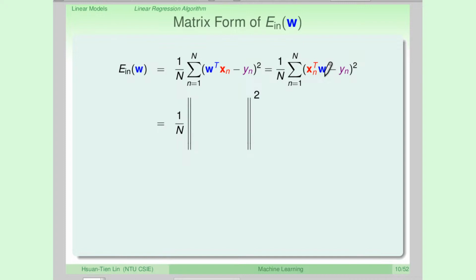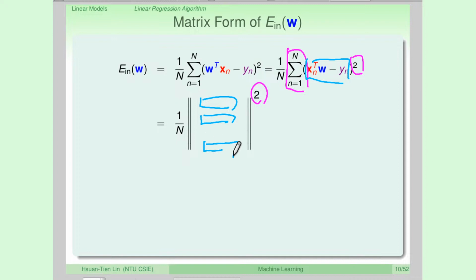So after switching, we can write down the values that we're interested in and replace the summation of something squared with a vector square, the length of the vector squared. What do I mean? If I have a vector with each component being what I want to put in here, and then compute this vector's length squared, that's exactly the summation of squares that I want to have on the top.